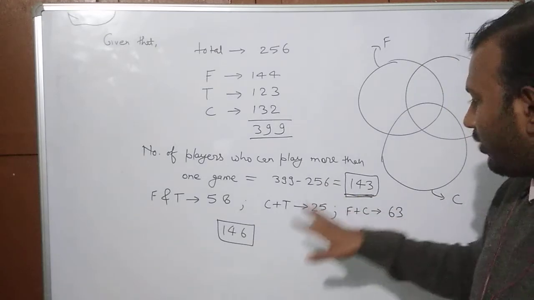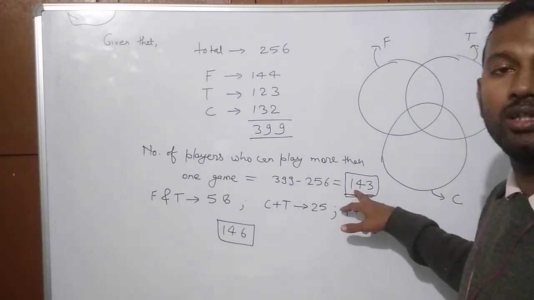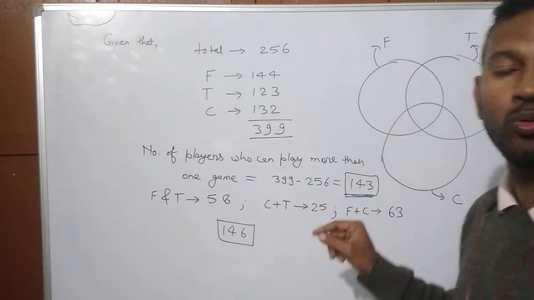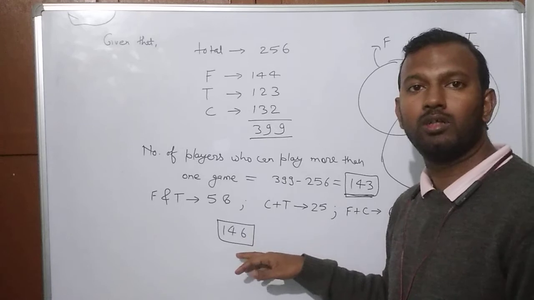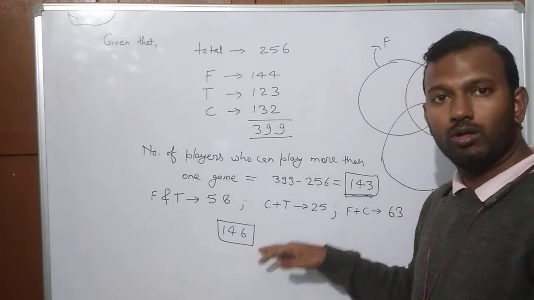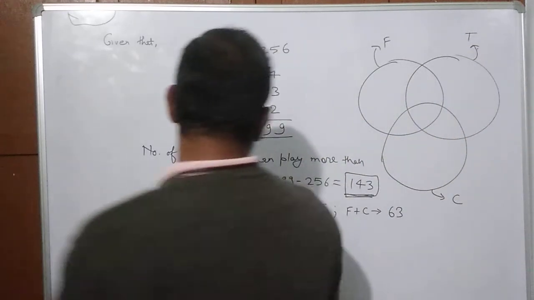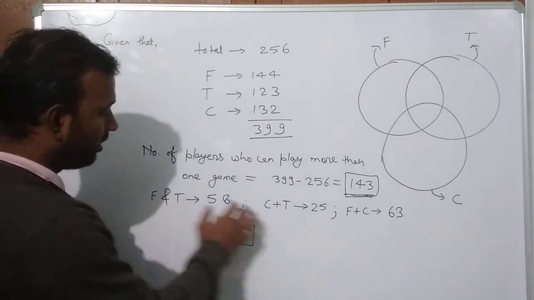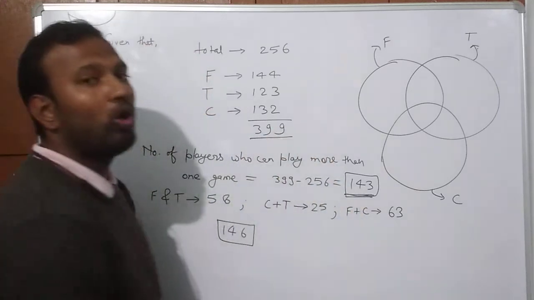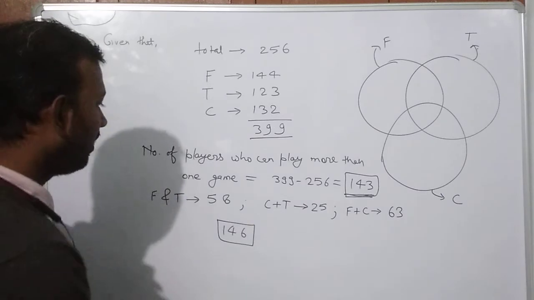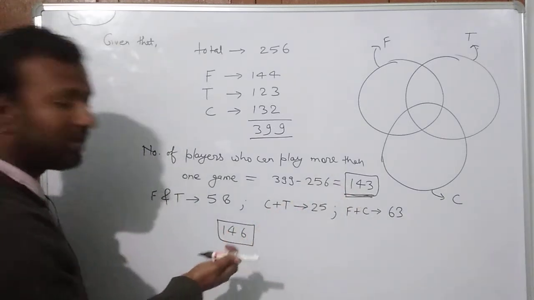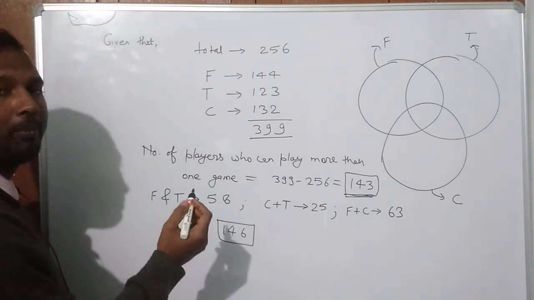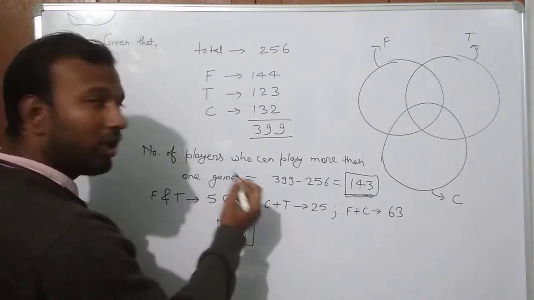As you can observe, 143 is the number of members who can play more than one game, and 146 is the number we obtain for the sum of football and tennis, cricket and tennis, football and cricket. So the difference 146 minus 143 will represent the number of members who can play all the games.